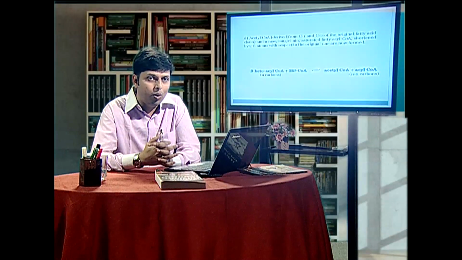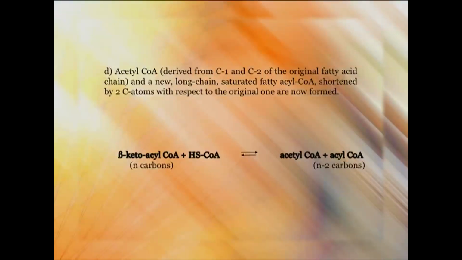In step number 4, the beta ketoacyl CoA, which is formed, is acted upon by the enzyme fatty acyl thiolase and it reacts with coenzyme A to produce acetyl CoA and acyl CoA, which is shortened by 2 carbon atoms with regard to the starting fatty acid.